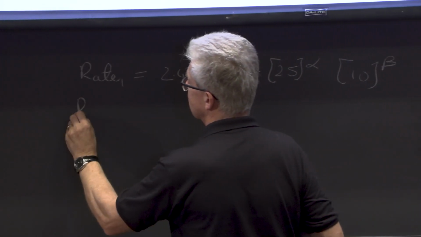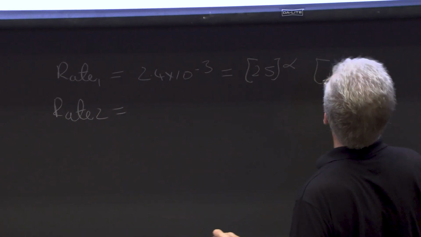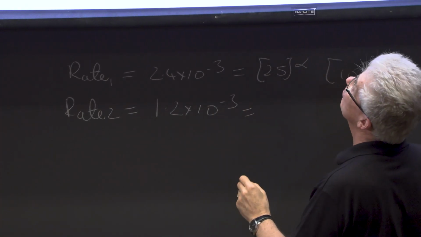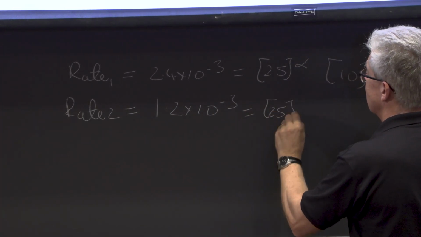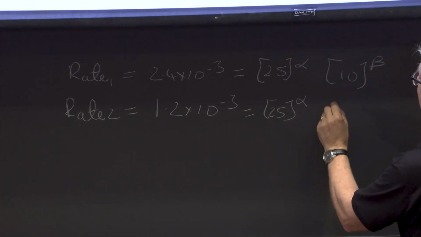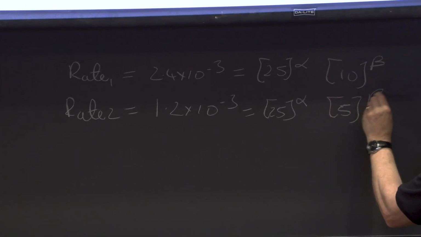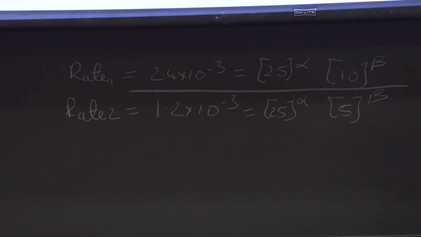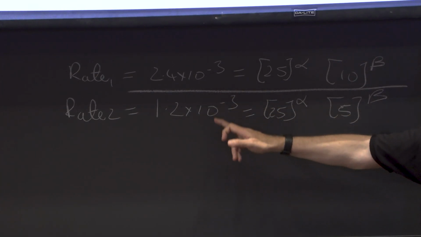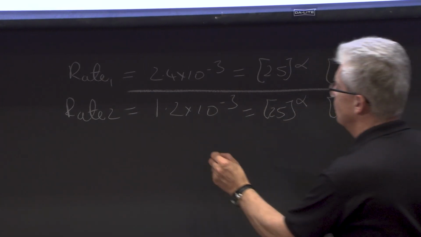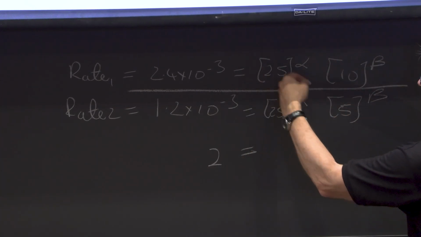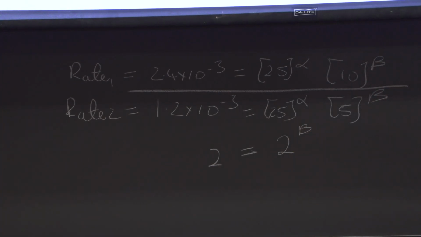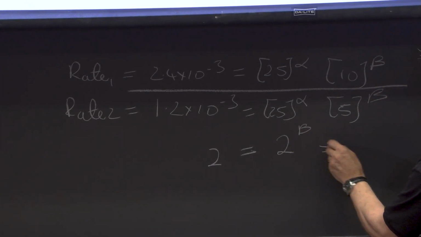And then we have rate 2 is equal to 1.2 times 10 to the minus 3, and that's equal to 25 to the alpha and 5 to the beta. Okay? And now if we put 1 over the other, so 2.4 times 10 to the minus 3 all over 1.2 times 10 to the minus 3 is 2, and that's equal to, these cancel, and then it's going to be 2 to the power of beta. So therefore beta is 1. It's very simple.